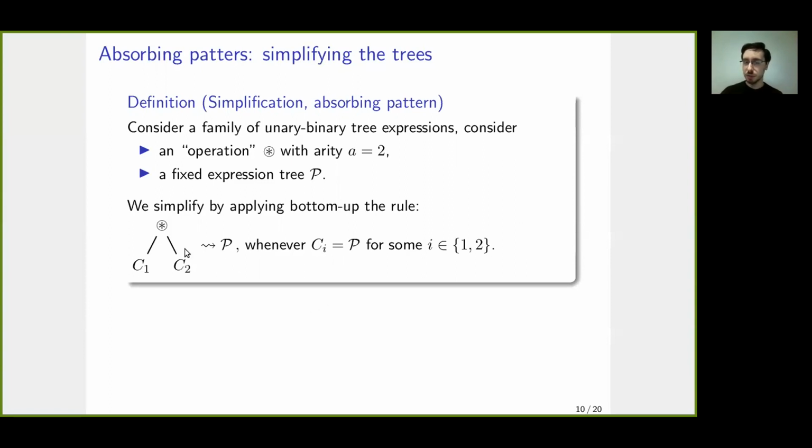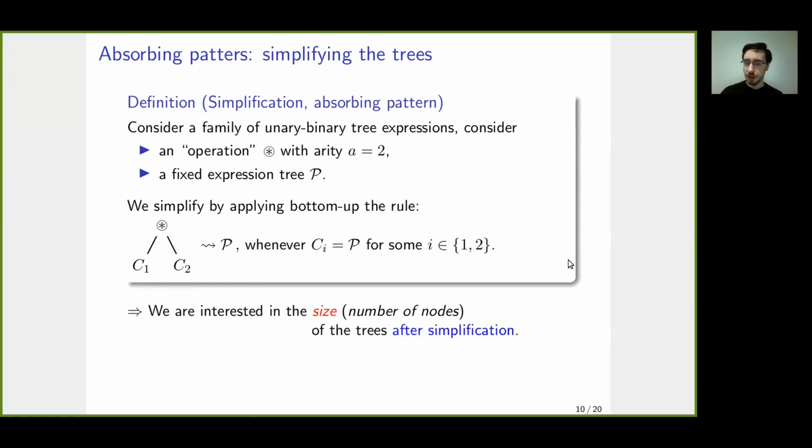And each time we have a node that's the absorbing operator, and one of the children is P, then we reduce the whole expression to P. And what we are interested in is the number of nodes or the size after the simplification. And so we will denote the tree after simplification by sigma of t.